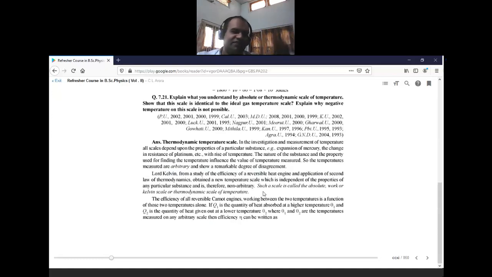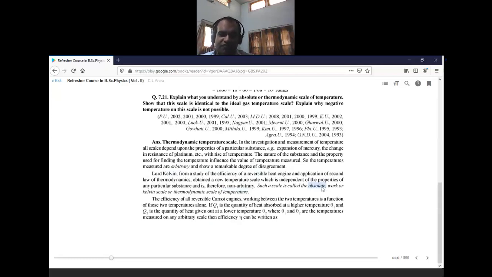Arbitrary means they may have any value or no fixed definition, but non-arbitrary means they are fixed. They cannot just vary from substance to substance or material to material. So with this new temperature scale which Lord Kelvin found, it is called the absolute or Kelvin or thermodynamic scale of temperature.